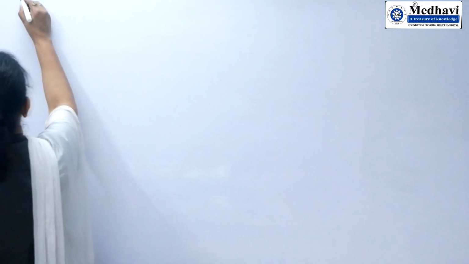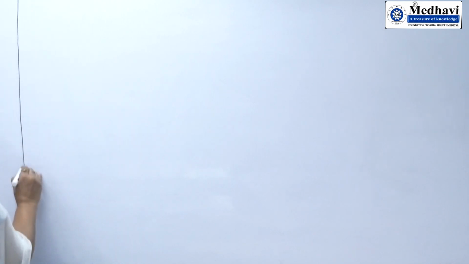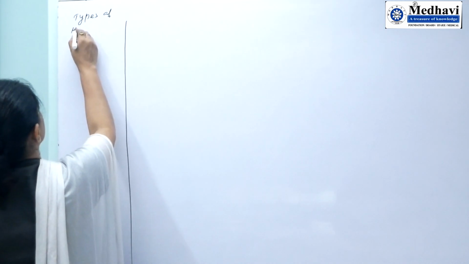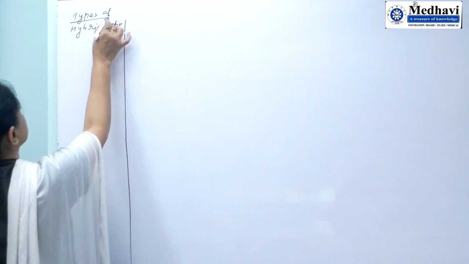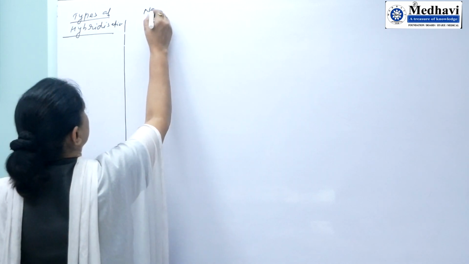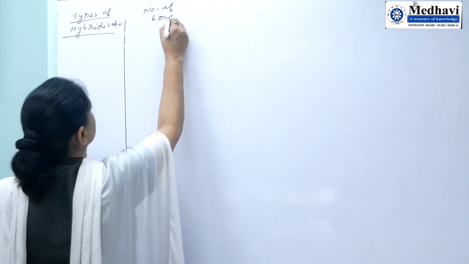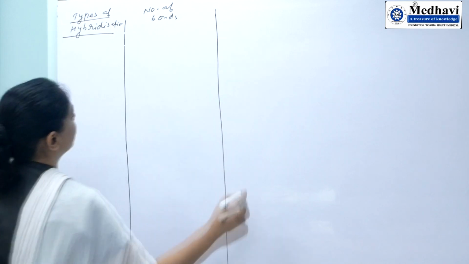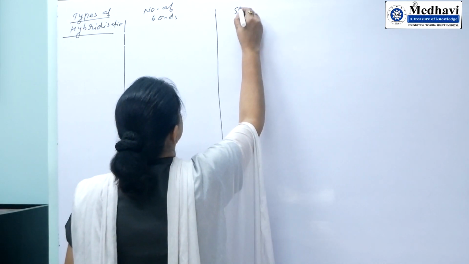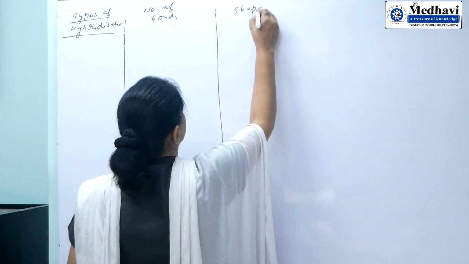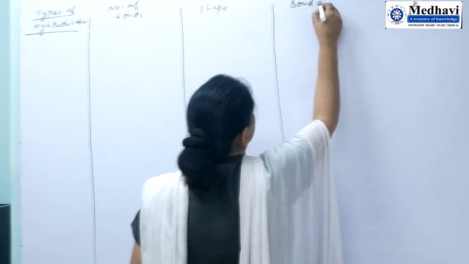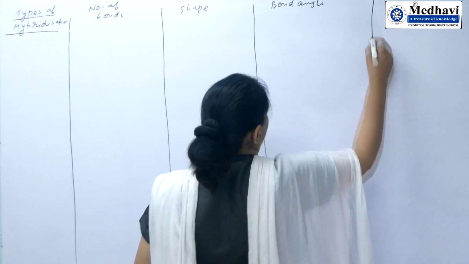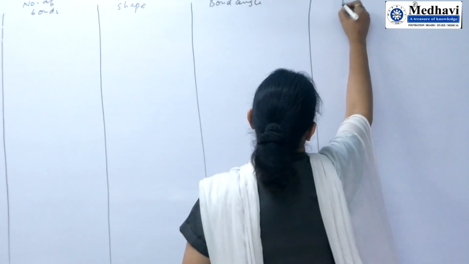So first, types of hybridization, number of bonds, shape, bond angle, and example.